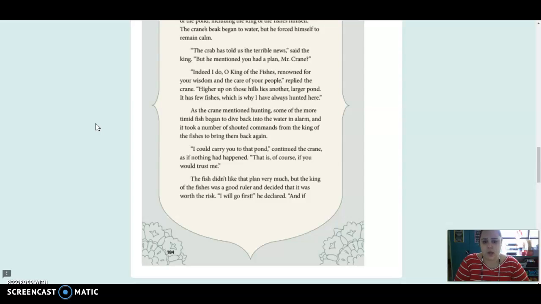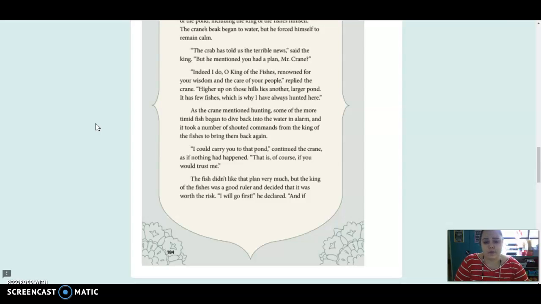As the crane mentioned hunting, some of the more timid fishes began to dive back into the water in alarm, and it took a number of shouted commands from the king of the fishes to bring them back again. "I could carry you to that pond," continued the crane, as if nothing had happened. "That is, of course, if you would trust me." The fish didn't like that plan very much, but the king of the fishes was a good ruler and decided that it was worth the risk.